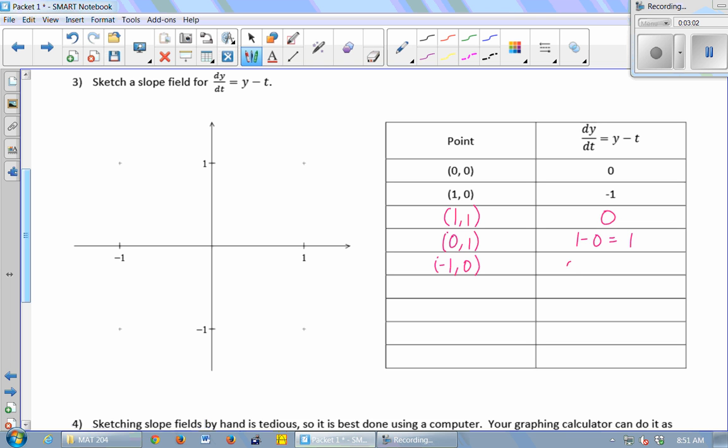So that would be 0 minus negative 1, which is 1. What else haven't I done? (0, negative 1). That would be negative 1 minus 0, which is negative 1. (0, 1), 1 minus 0. Oh, I already did that one.